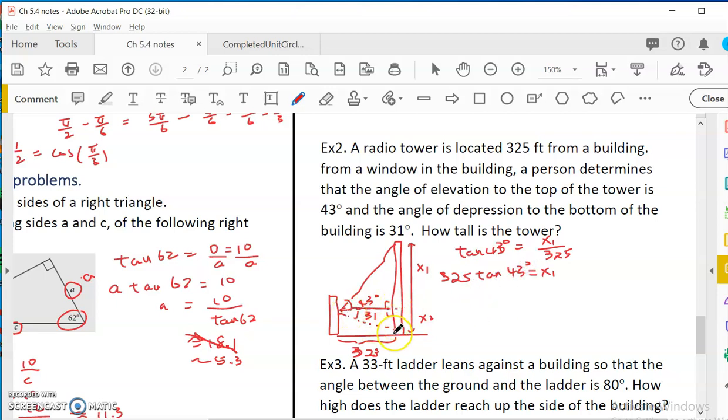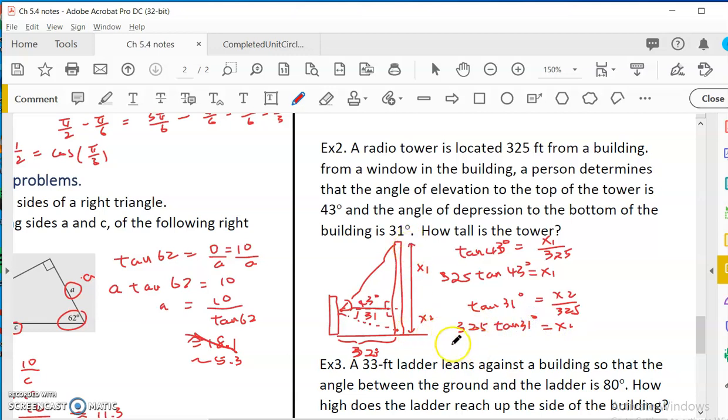Similarly, in this right triangle, angle 31, x2 is opposite, and the 325 is adjacent. So tangent of 31 degrees is equal to x2 over 325 also. So x2, multiply on both sides, 325 tangent of 31.